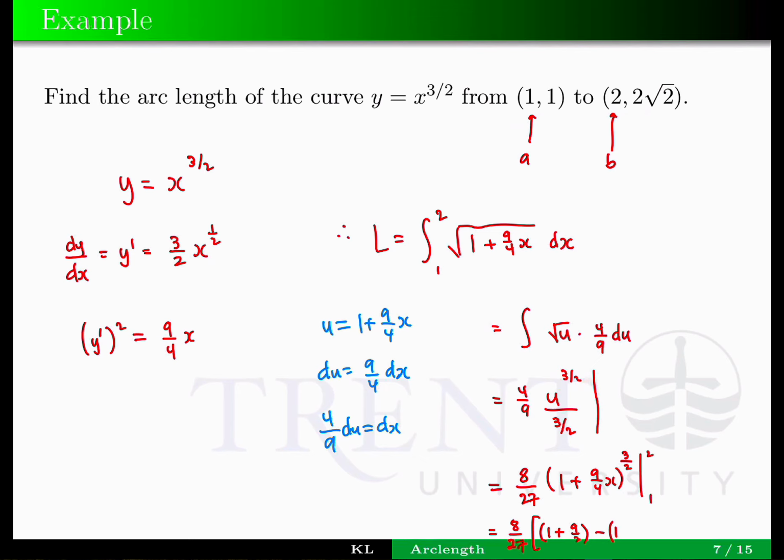So this one here will be raised to 3 halves, then minus 1 plus 9 over 4 raised to 3 halves. So you can simplify this, but I'm completely fine if this is your final answer.